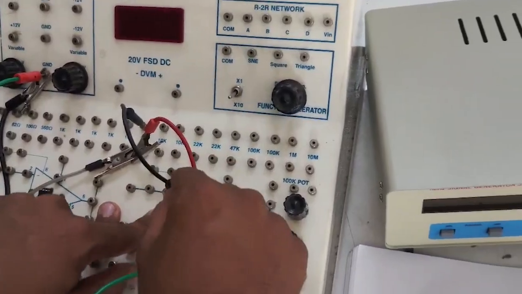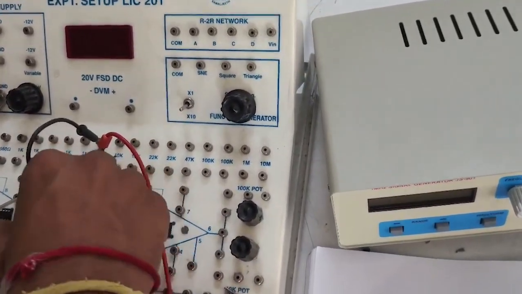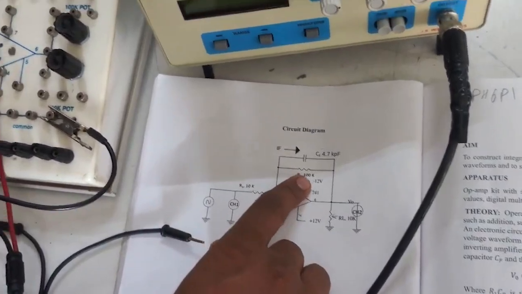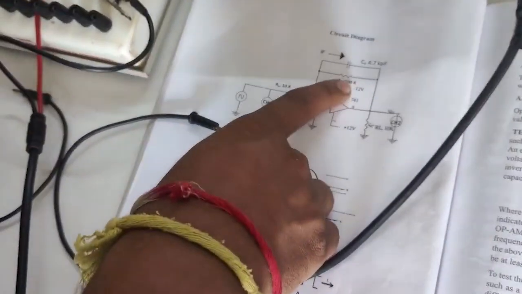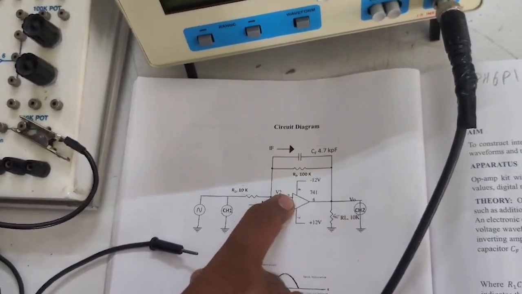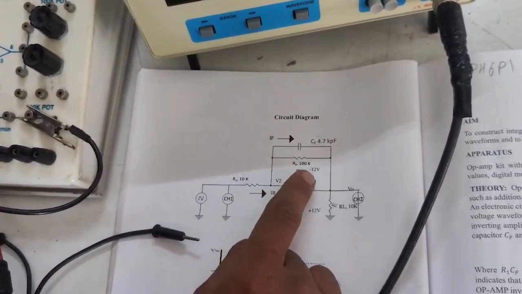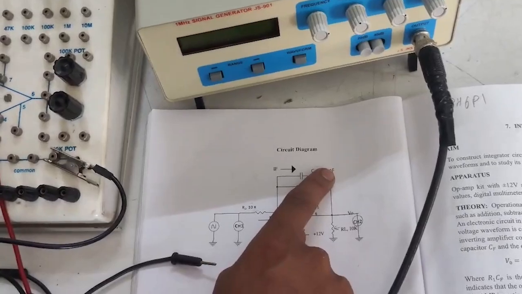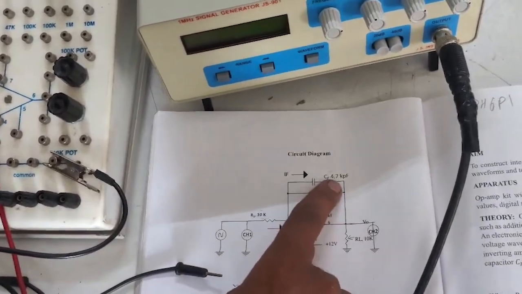Since there are going to be other connections, I'm just connecting this over here. Now from this point 2, we are going to connect it in parallel to the 100 kilo ohms resistance and the 4.7 kilo picofarads capacitor.